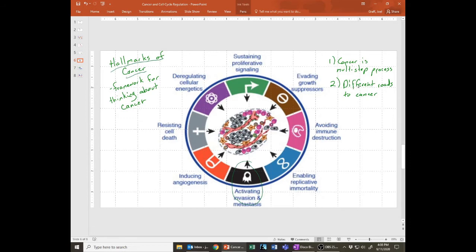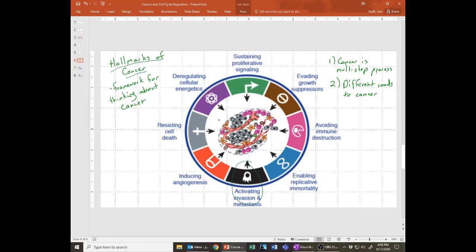The other thing that this hallmarks of cancer is important for is it shows that there are different roads to cancer. Just because someone gets a mutation in a tumor suppressor and then later gets a mutation in genes involved in cell death doesn't mean that someone else couldn't get a cancer that has a mutation involved in sustaining proliferative signals and also avoiding immune destruction.